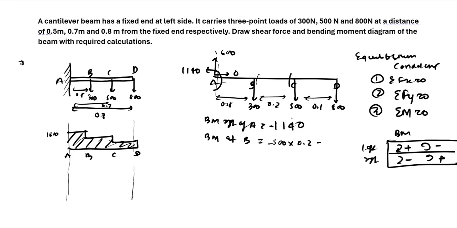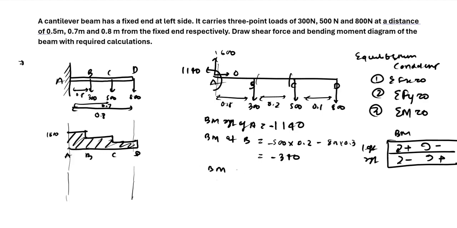Right side clockwise is negative, so both of them are negative, 800 into 0.3. So 500 into 0.2 plus 800 into 0.3 is 340. So it will be minus 340.